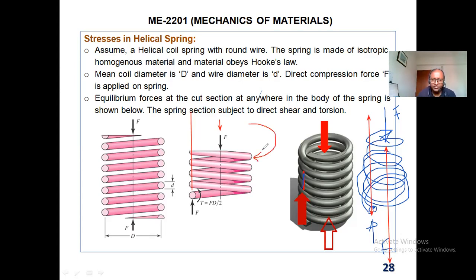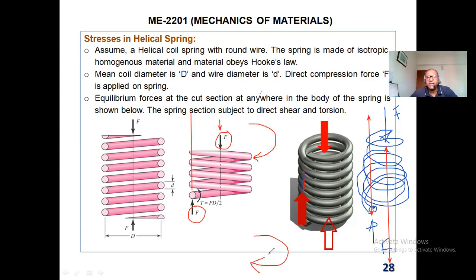Now, who will protect it? Normally, if you look at the spring, it vibrates, or it compresses or elongates, axially, but it never does tilt motion. There is a specific reason why. Because these two, this force and this force, will make a couple and bending along the clockwise direction.